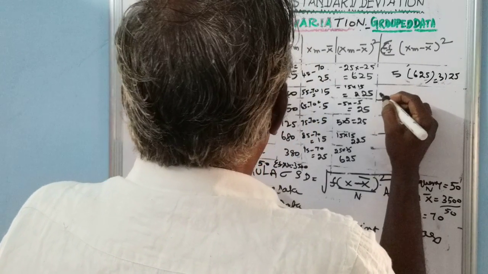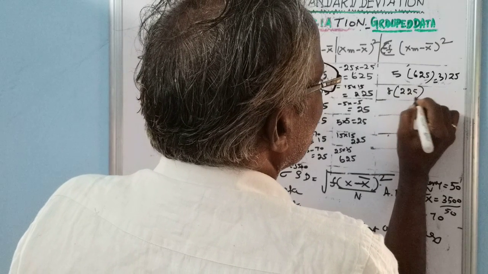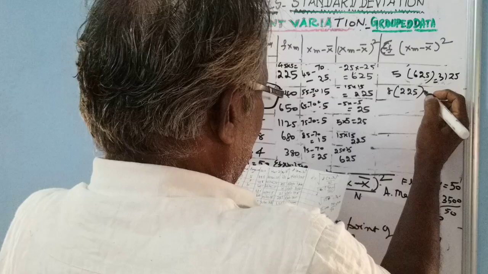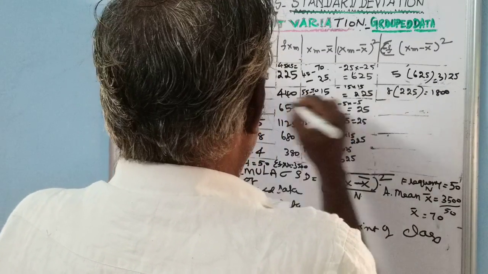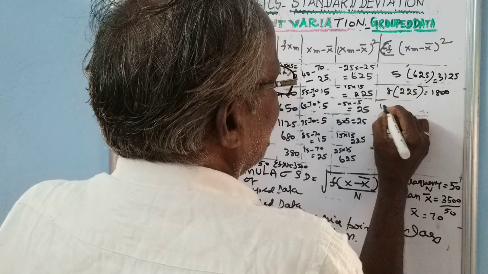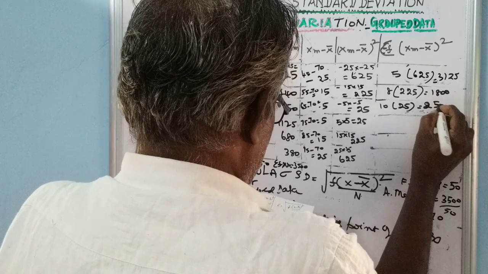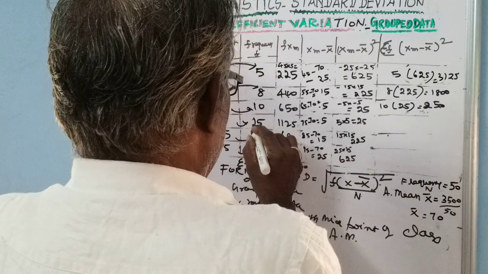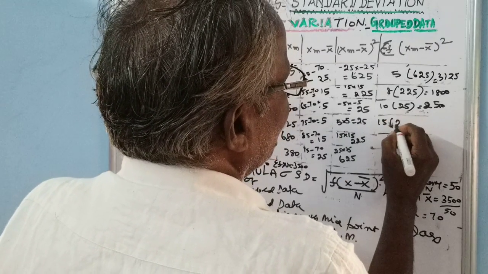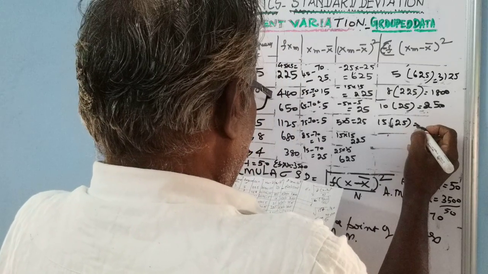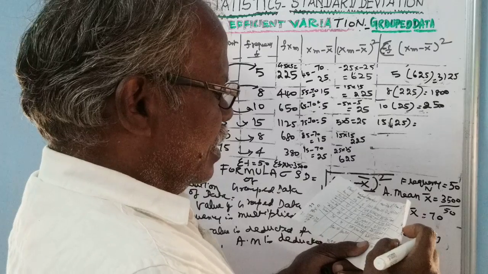Then frequency 8 into 225 is equal to 1800. Then frequency 10 into 25 is 250. Then 15 into 25 is equal to 375.